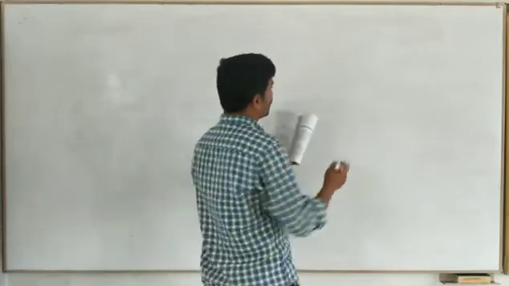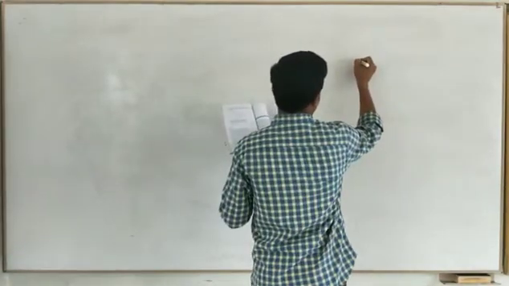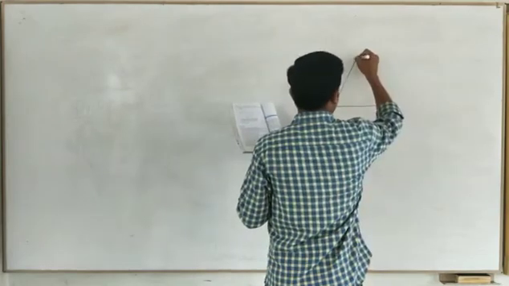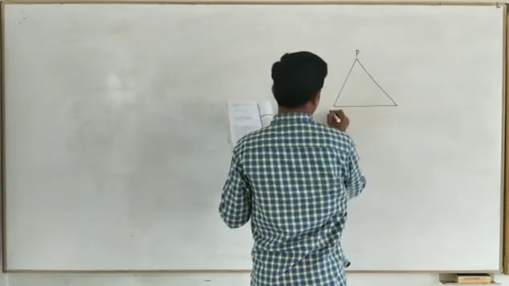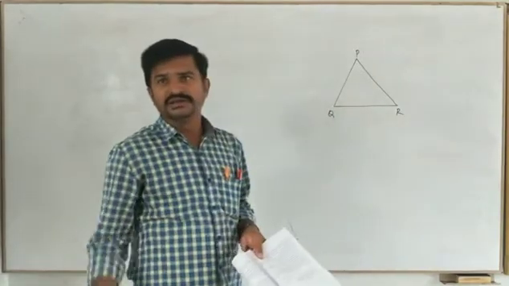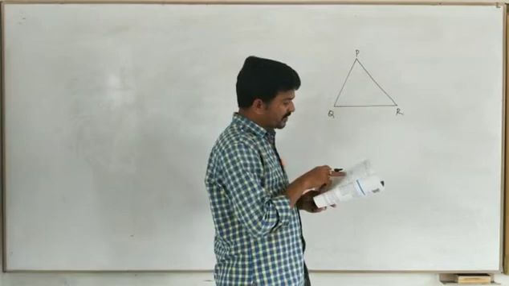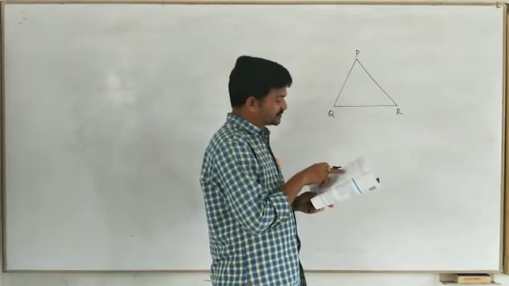See, triangle PQR is there, children. What is this? Triangle PQR. In the triangle PQR, QR is produced.